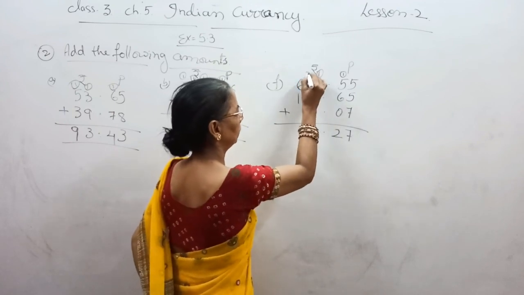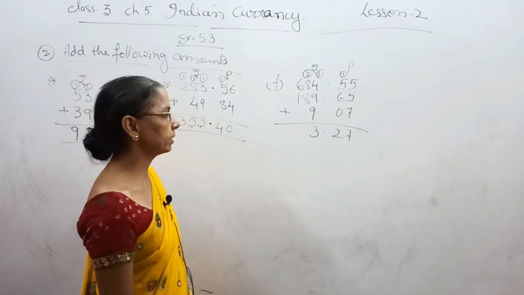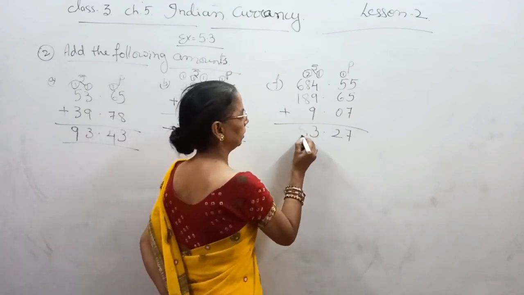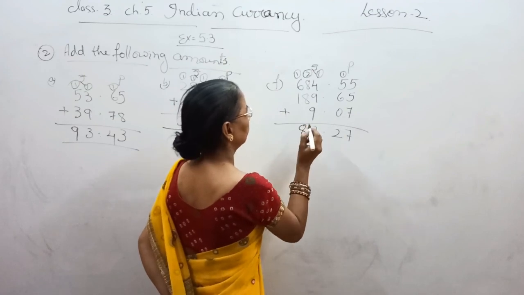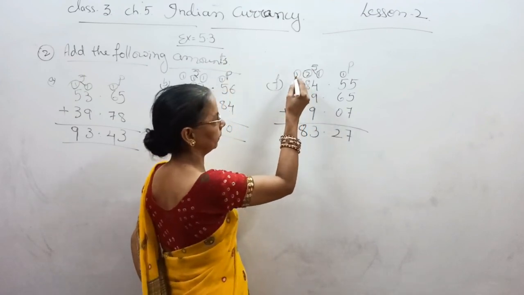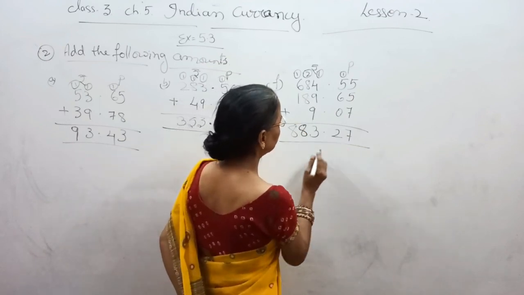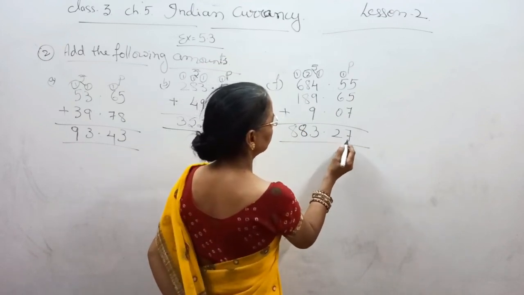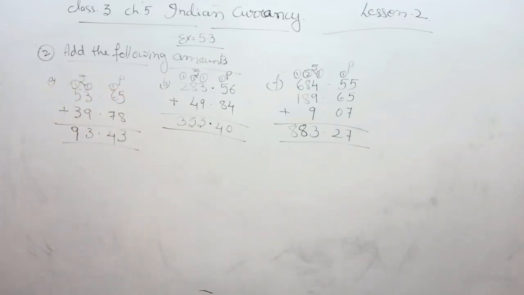Point, 2 carry, then 8 plus 2, 10, 10 plus 8, it is 18. Then again 1 carry, 6 plus 1, 7, 7 plus 1, it is 8. So we say that 883 rupees 27 paise. Like this we have to add the given amounts of money.